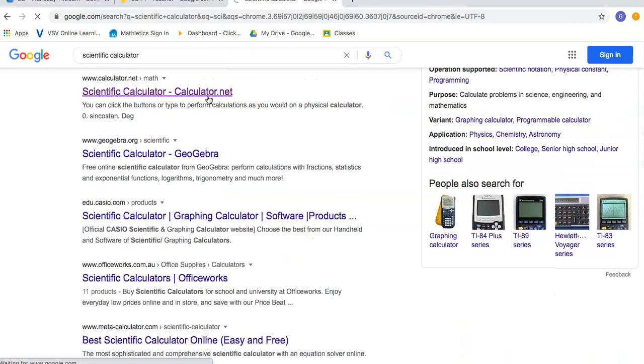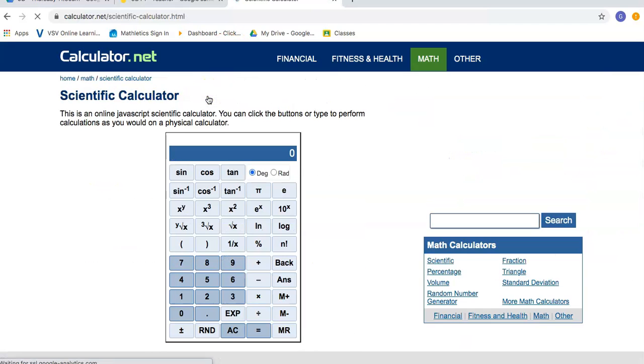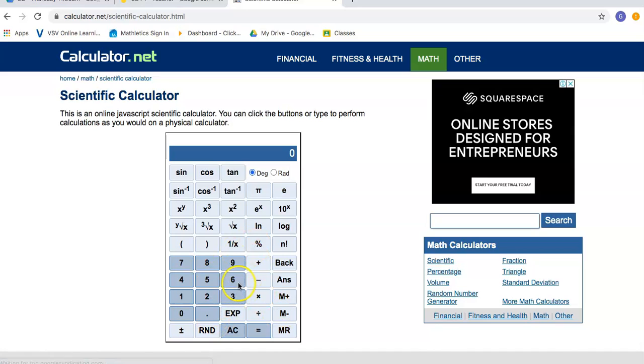So we will have 21, divide that, and I'm going to put in brackets 2 times pi, close that bracket, which is going to equal 3.34 and so on. It's always best to do it at 2 decimal places.